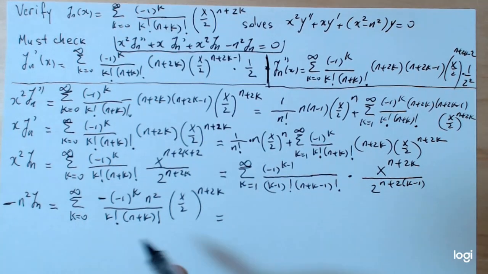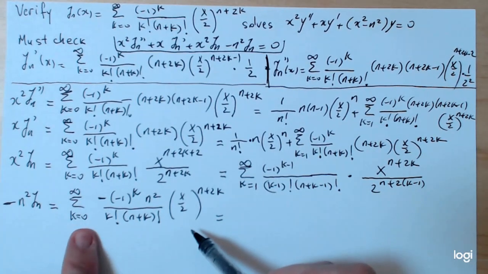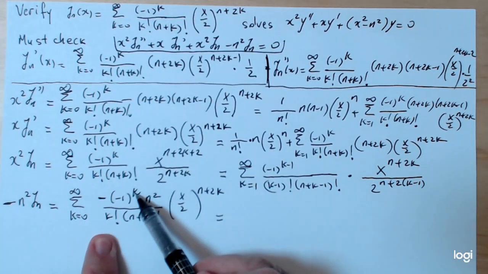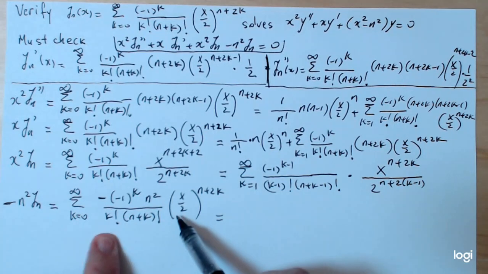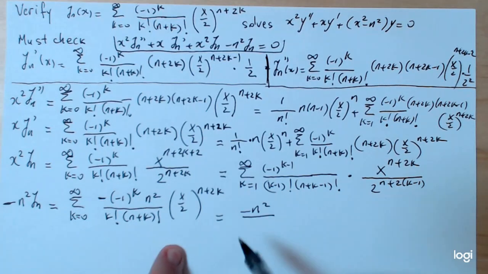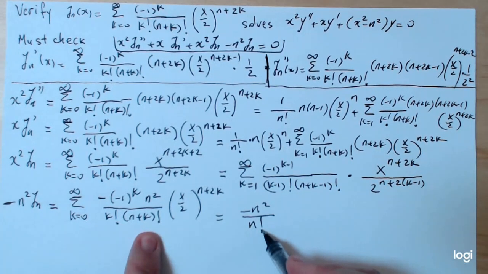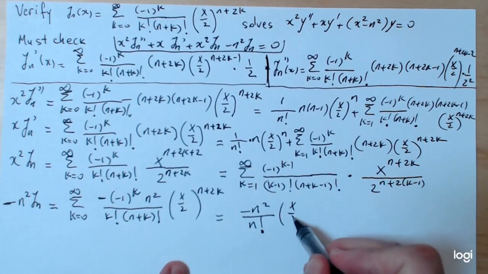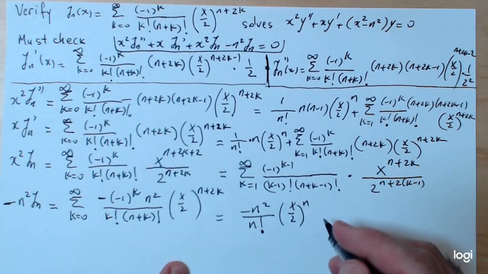And finally, on the last one, again, we copy the first term, separated from the summation. Let's see. If k is 0, this is going to be a minus n squared on the outside, right? So minus n squared over n factorial, when k is equal to 0, x over 2 to the power n.